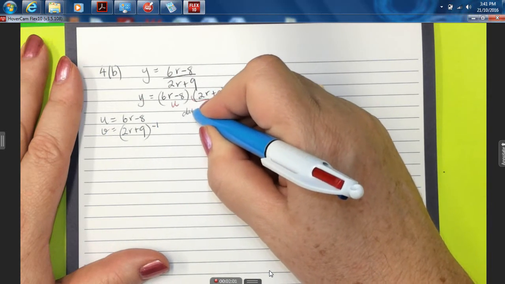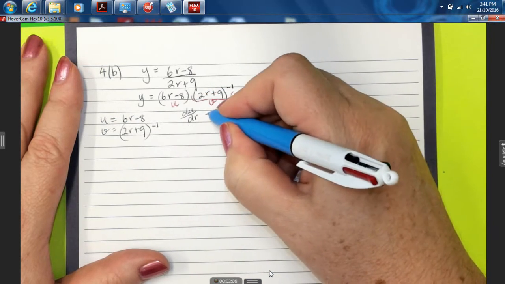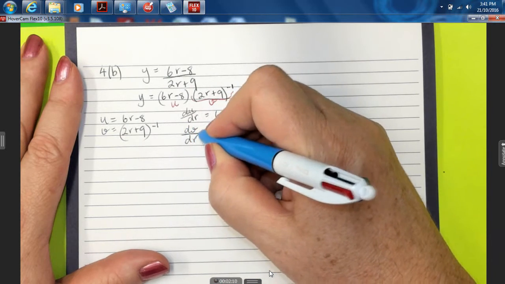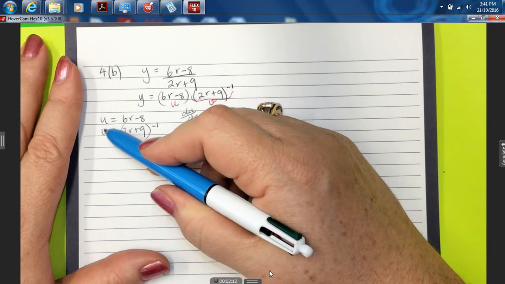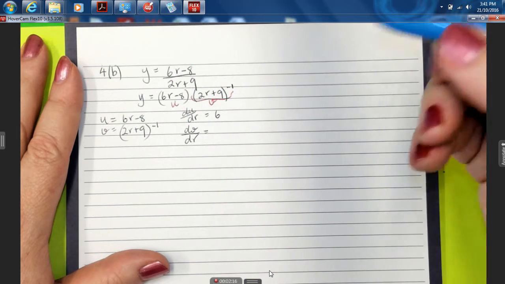And du/dr, a derivative of a function called u that has r in it, is 6. And dv/dr, a derivative of a function called v that has r in it, is what we're going to use our chain rule for.